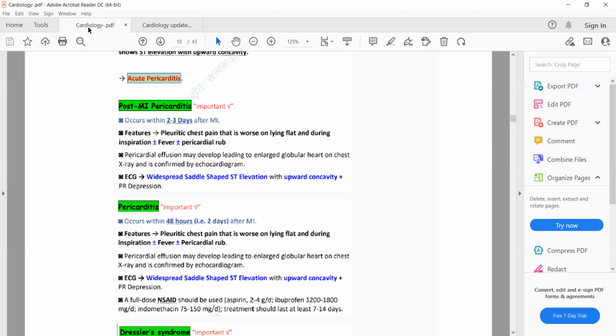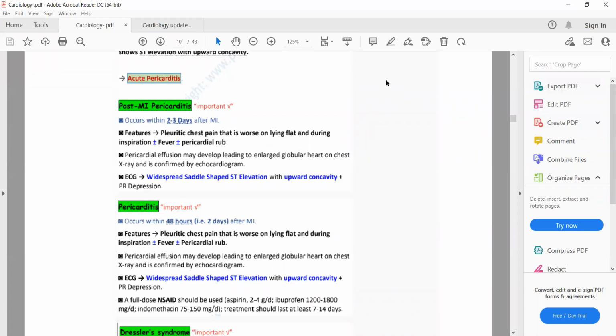Remember that if there is widespread saddle-shaped ST elevation with upward concavity and PR depression, then it is most likely pericarditis.